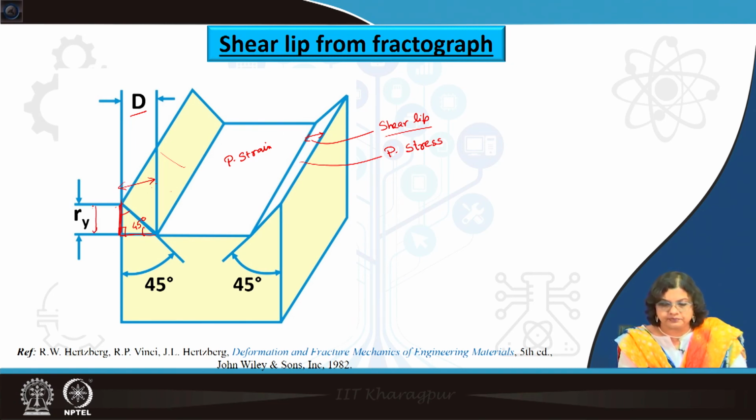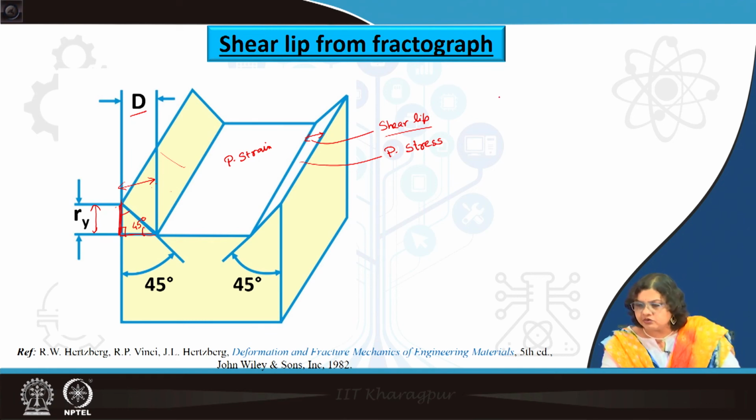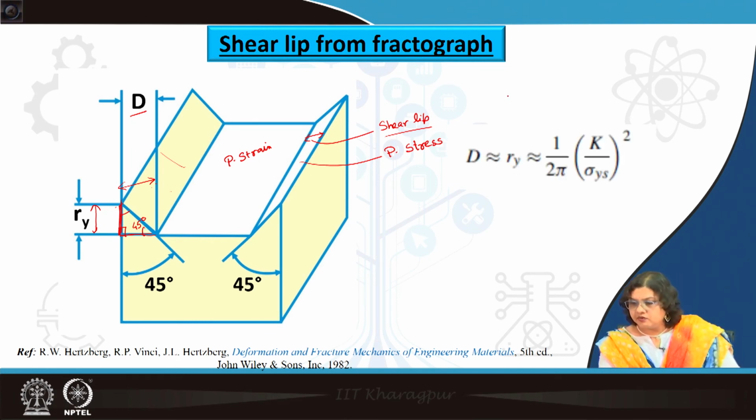zone size. So, we can simply use this relation which says that r_y equals 1 by 2 pi (K by sigma_YS) squared as per the plane stress condition, and from there we can measure this D value, and we can get this yield strength value either from further studies or from the literature, and if we know that, then we should be able to find out the K value.